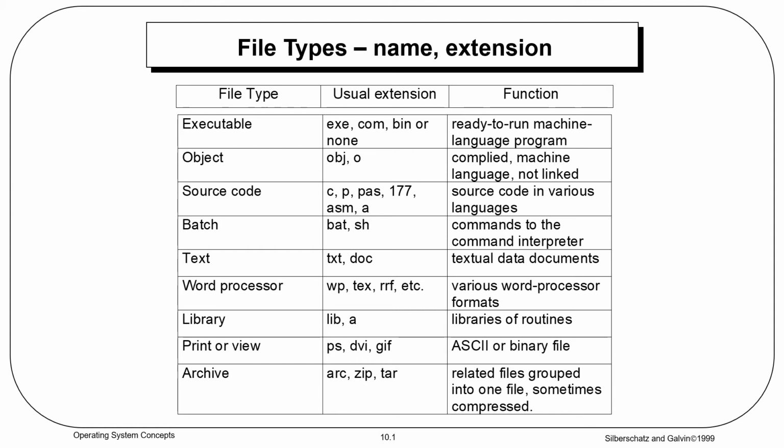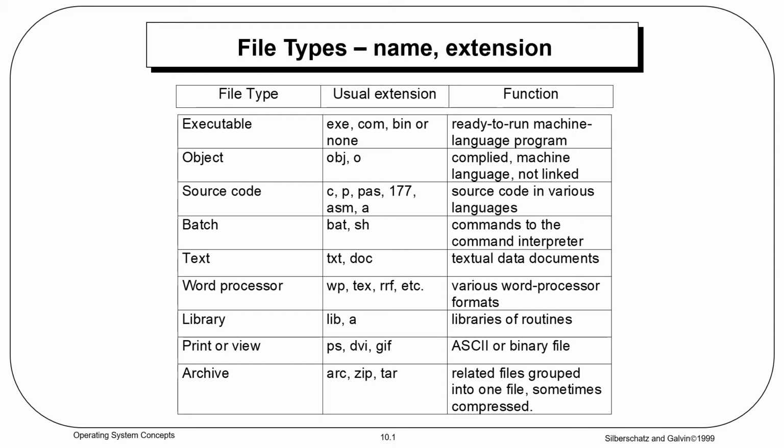Let us see this file type diagram. What we are seeing on this picture are the file types: executable, object, source code, batch file, text file, word processor, library, print or view, archive.